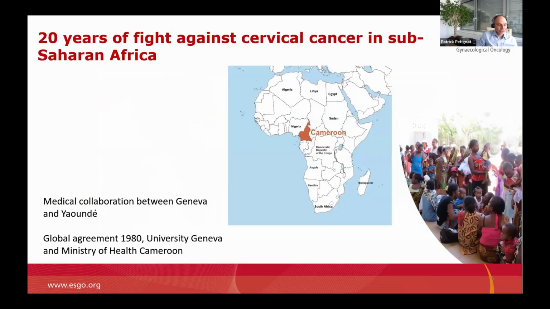Now I will report our experience in Cameroon. This is a partnership that we have had for more than 20 years. It covers cervical cancer screening, HPV testing, and smartphone experience.